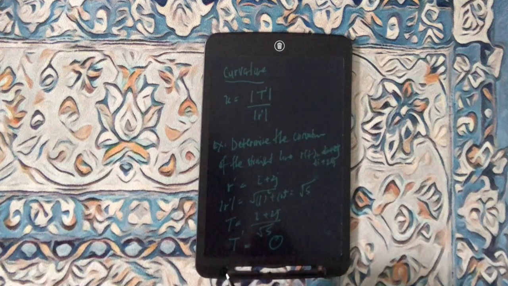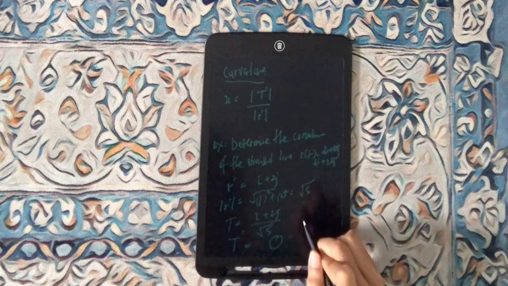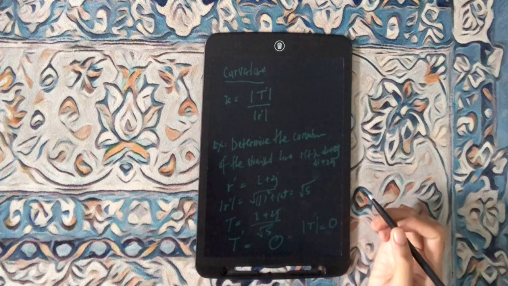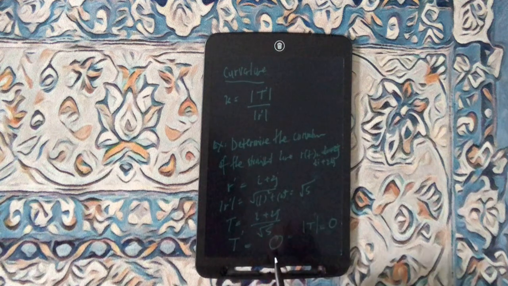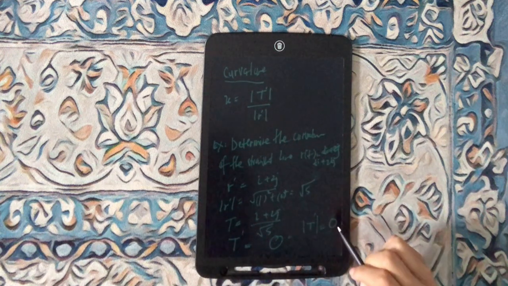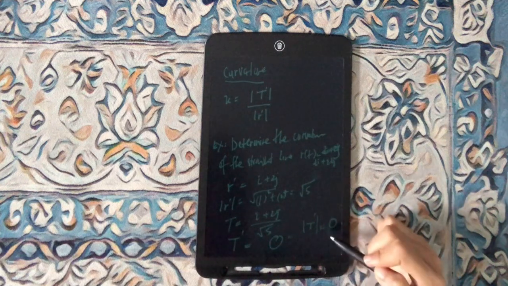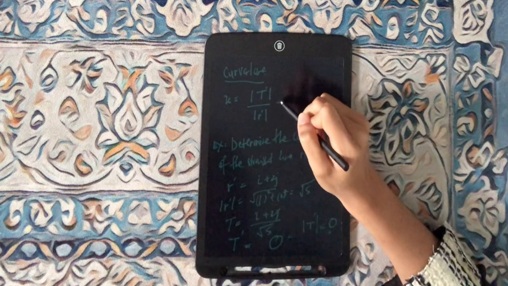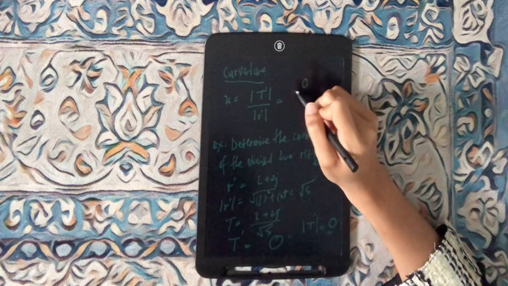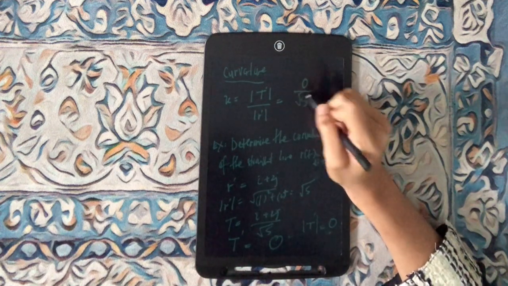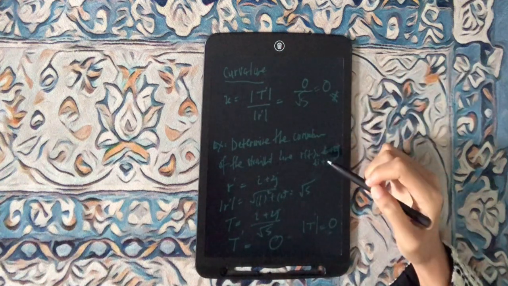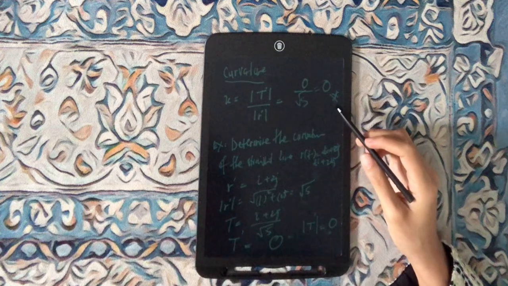So when you want to find the magnitude, it will also be 0, because your T prime is already 0. Now you have the magnitude of T prime and the magnitude of R prime, so just substitute back into the formula. 0 over the square root of 5 is 0. So the curvature for this straight line is 0.